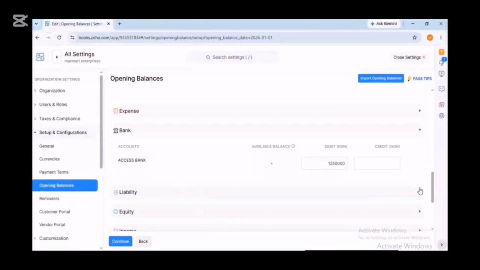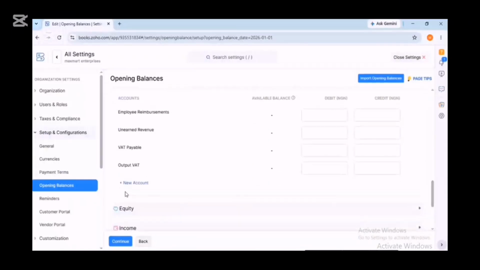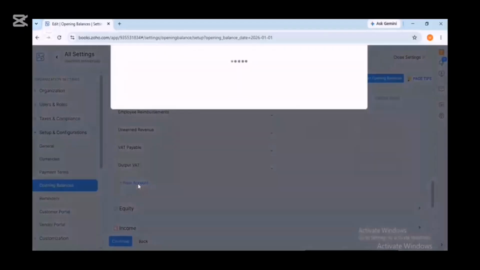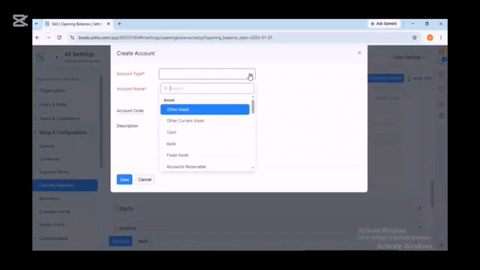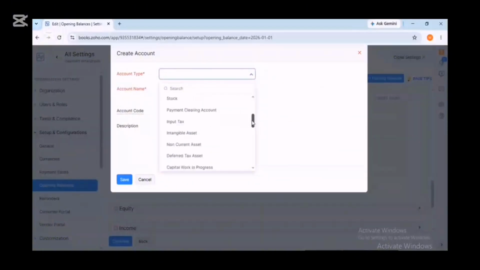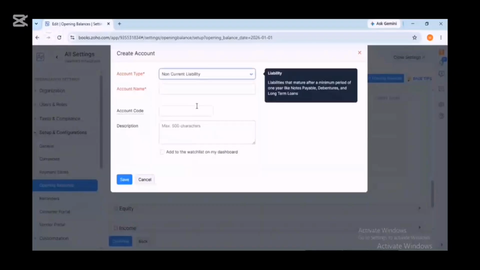Under liability, let's select new account. So it's a liability, make it non-current liability. Let's draw down. Okay, right here is non-current liability. Let's select that.